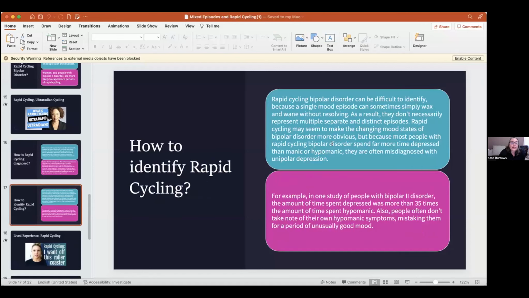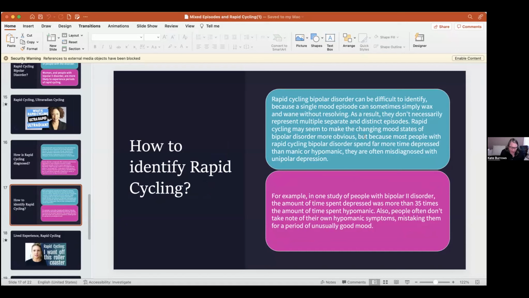So how do you identify rapid cycling? Rapid cycling can be difficult to identify, especially because of what she was talking about with the difference between mood states and emotional situations. For example, I have a friend right now who's going through a lot of stress in his marriage, and his father is dying, and he's living with his mom, and there's just a lot of emotions going on.